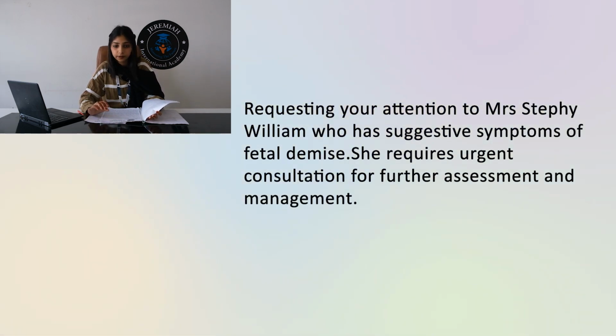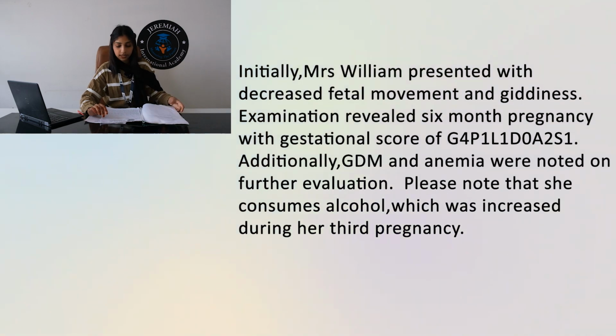And in the first body paragraph: initially Mrs. William presented with decreased fetal movement and giddiness. So the paragraph begins with the presenting complaints of the patient, which are decreased fetal movement and giddiness. Okay, then examination revealed 6-month pregnancy with a gestational score of G4P1L1D0A2S1.